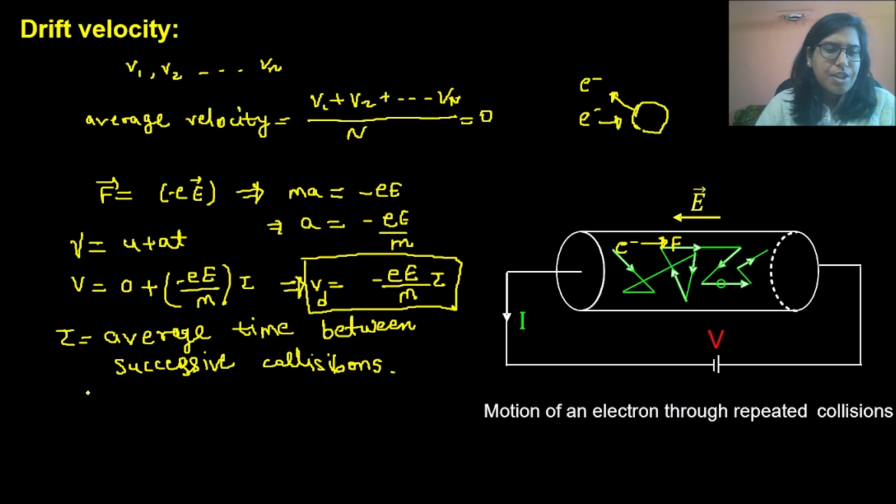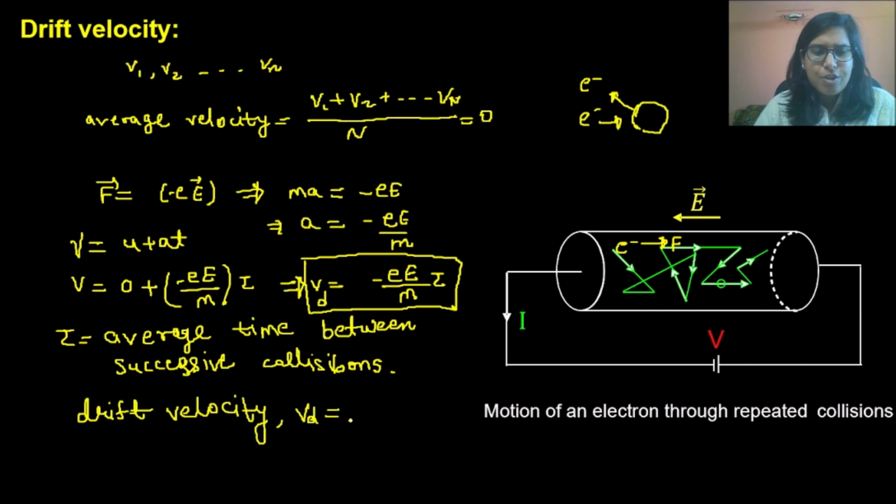Right? So drift velocity of an electron will be Vd equals minus eE by m into tau.